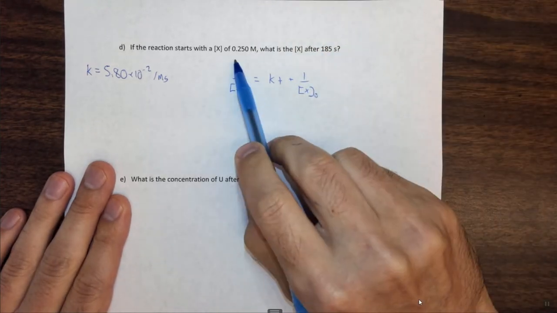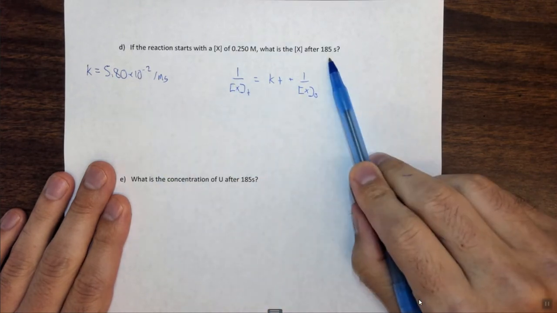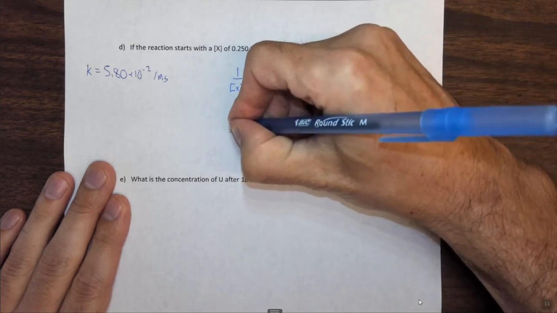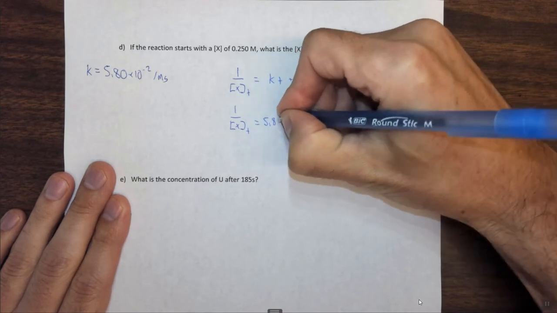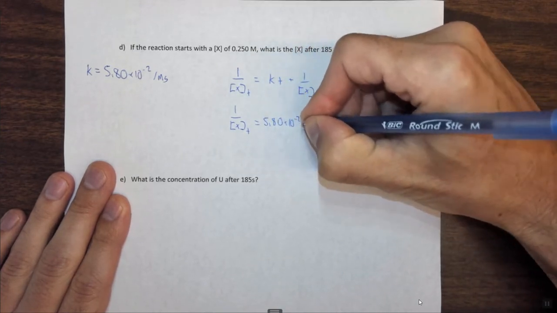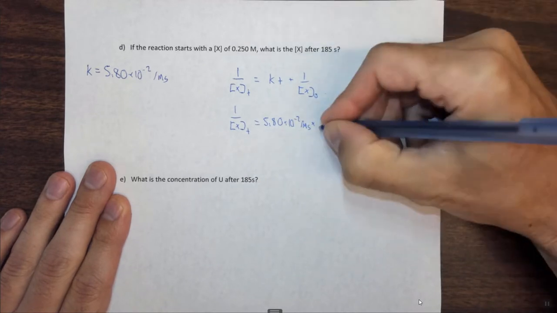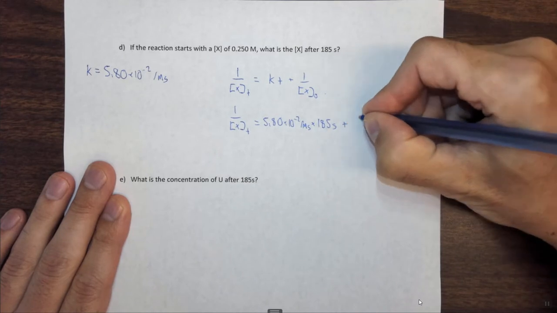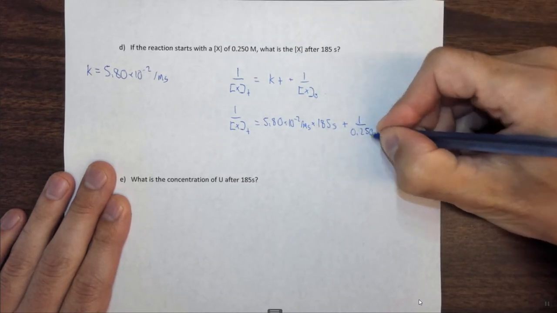Well, we know the initial concentration of X, we know k, and we know t, so we can solve for this. 1 over the concentration of X at some time is equal to k, which is 5.80 times 10 to the minus 2 per molar second, times the time, 185 seconds, plus 1 over 0.250 molar.